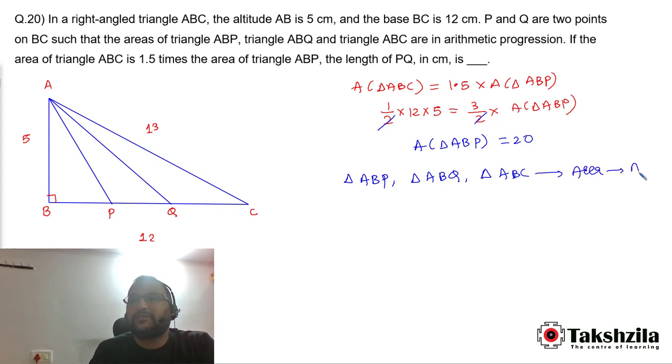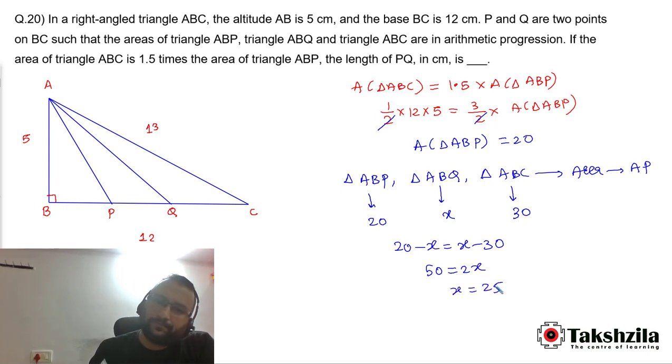The area of these three triangles are in arithmetic progression. Triangle ABC, the area is half into 5 into 12, that is equal to 30. ABP's area is 20. So let's say ABQ's area is x. They are in arithmetic progression, so 20 minus x is equal to x minus 30. If we solve this further, 50 is equal to 2x, so x is equal to 25.